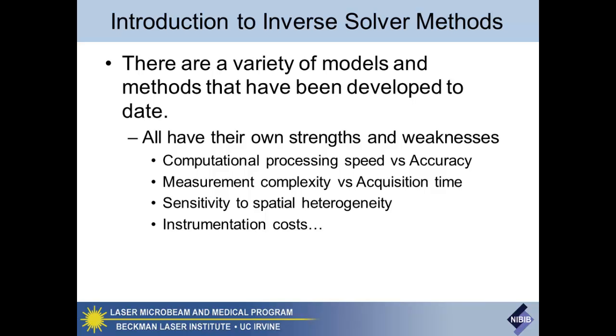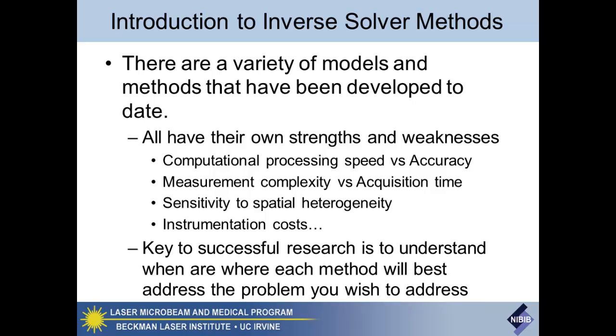And in terms of placing these in practice, there's always different types of trade-offs that you will have for these. Again, computational processing speed versus accuracy, whether you need to have results fast versus accurate; measurement complexity, what different things you actually have to acquire, complementary pieces of information, versus acquisition time; sensitivity to spatial heterogeneity and other structured aspects of skin as opposed to just assuming homogeneous distribution; and also the practical method of instrumentation costs.